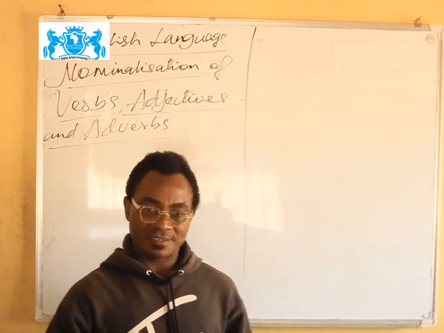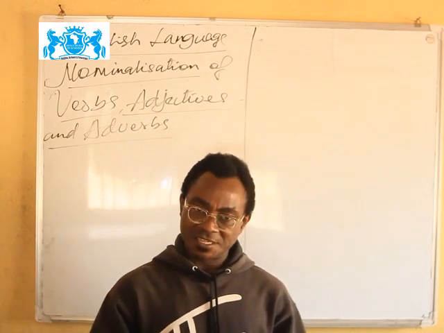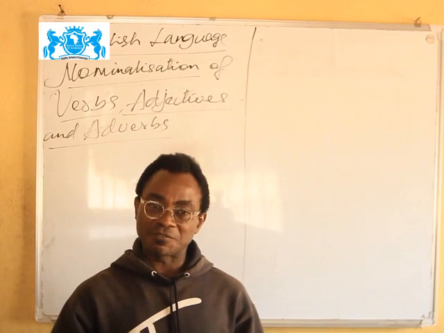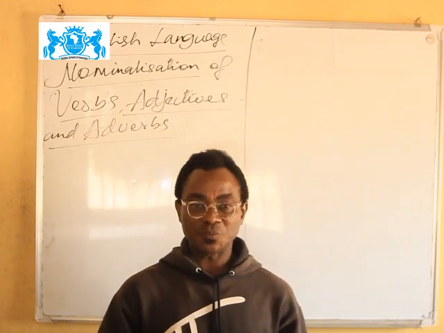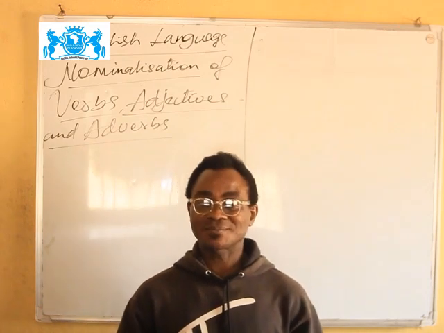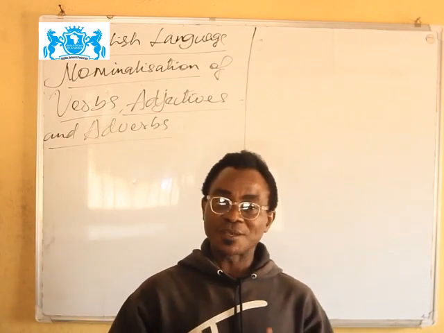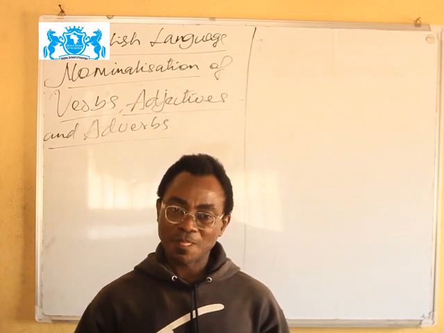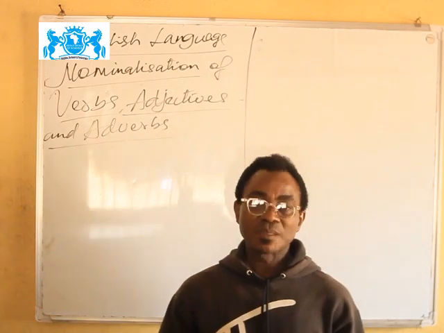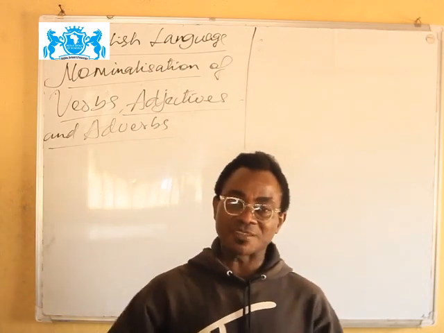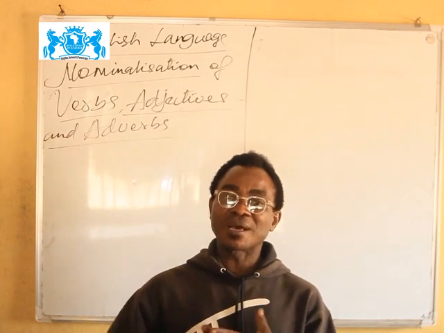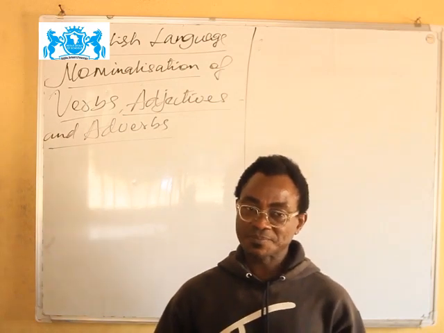By way of an answer, nominalization is the process of converting other parts of speech to nominals, or we can say the process of deriving nominals from other parts of speech.